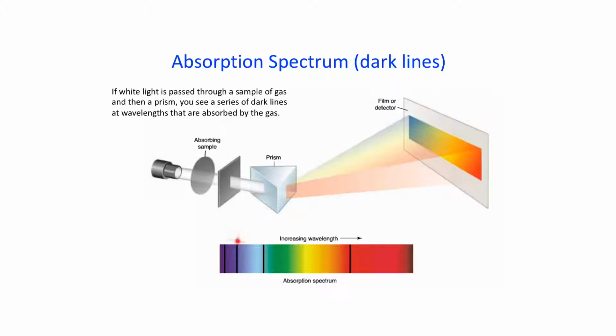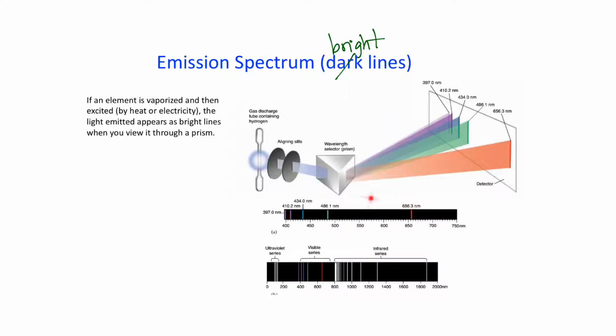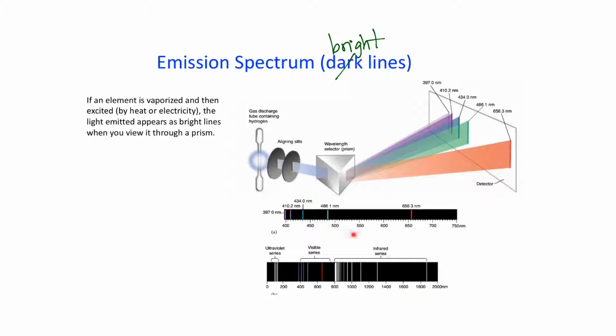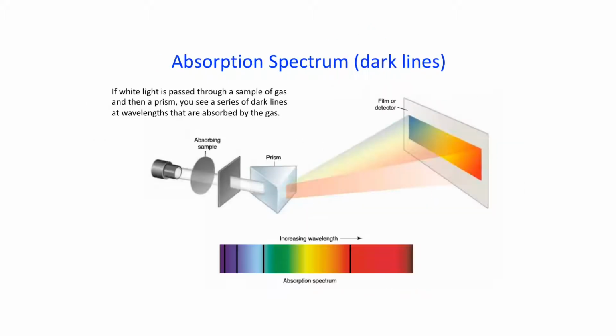These black lines will actually match up with the bright lines that we saw in our bright line spectrum. They're going to be located at exactly the same wavelengths as we had over on this spectrum.